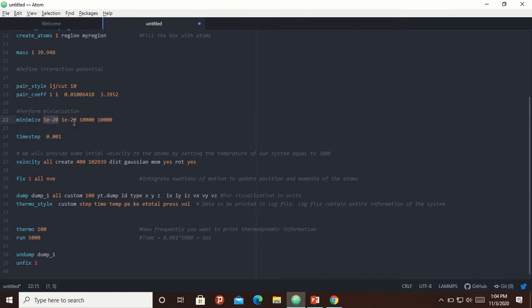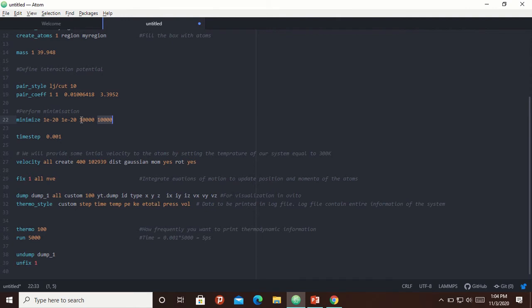And this is the number of iterations that you want to perform. So I want to perform it for 10,000 iterations in case of both energy and force.